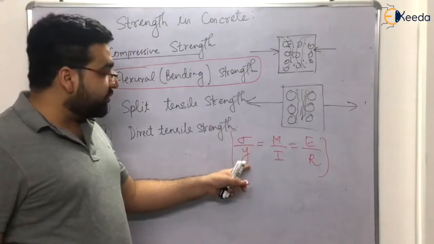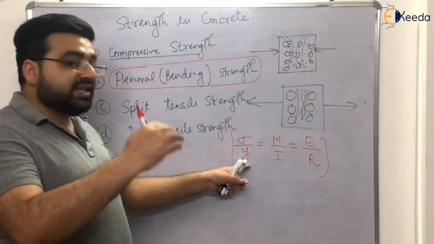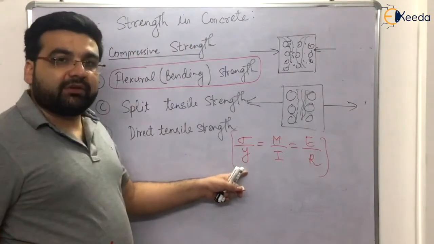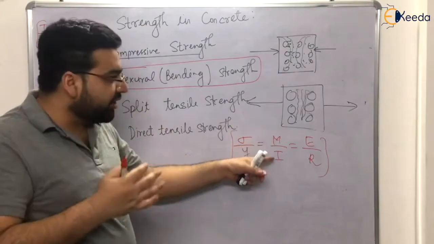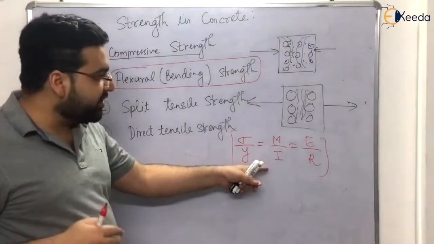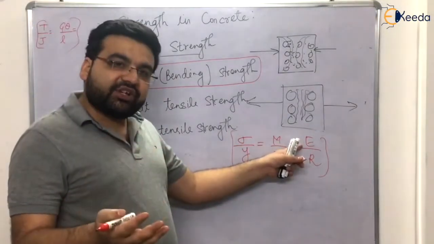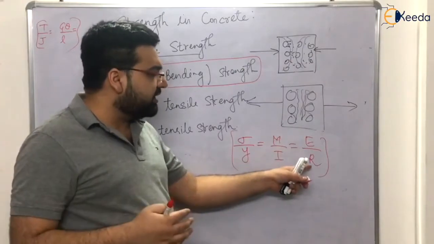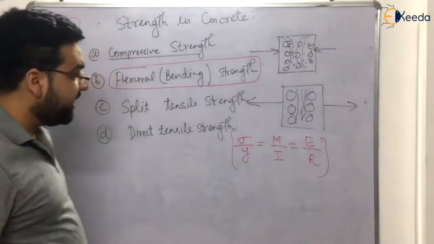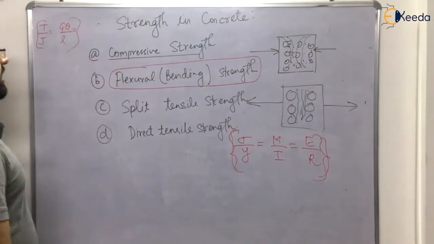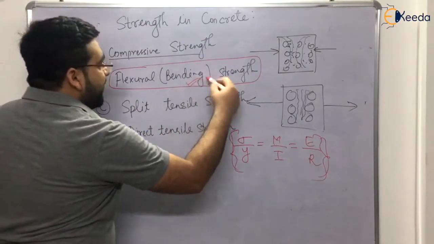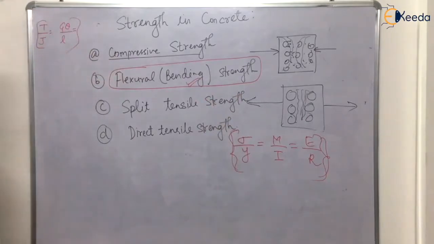Sigma is the bending stress, Y is the distance of the furthermost fiber from the neutral axis, M is the moment developing at that section, I is the moment of inertia, E is Young's modulus, and R is the radius of curvature, right? So that is important.